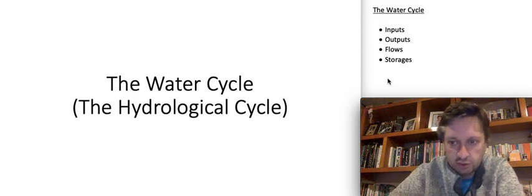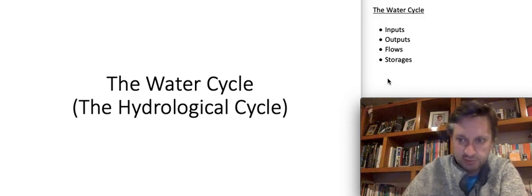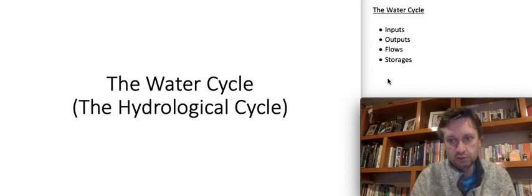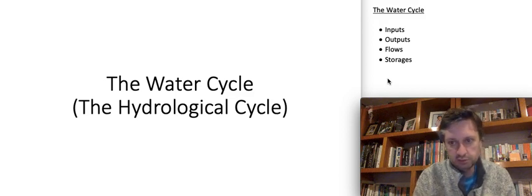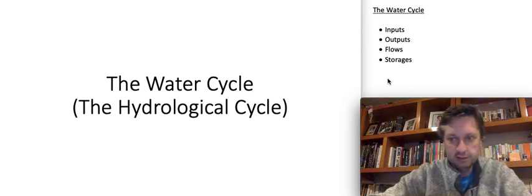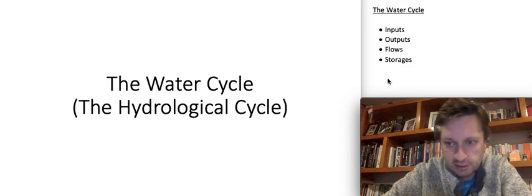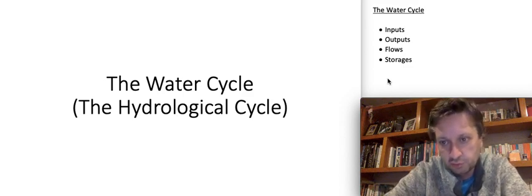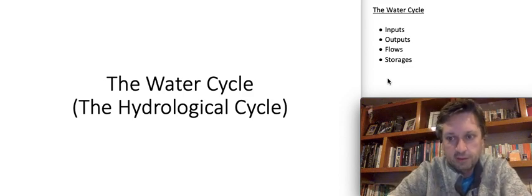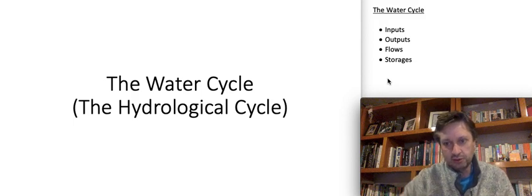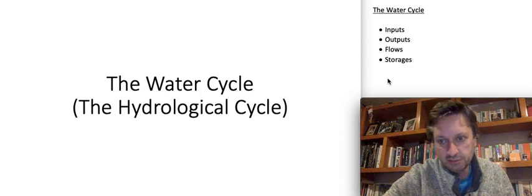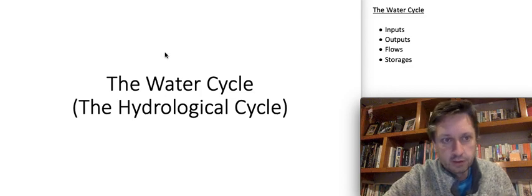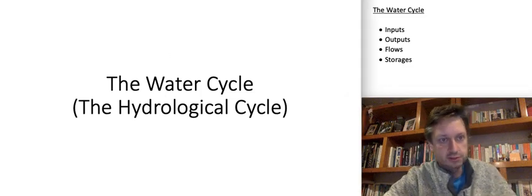I still need to cover, and I'll do it in separate videos, so this isn't just one huge video, human effects on the water cycle, how humans interfere with it, and how ocean currents are formed and how they move. This is another one of those topics where it's a bit all over the place, so I'm just trying to focus on very specific things on each video. Okay, let's move on and take a look at the syllabus.